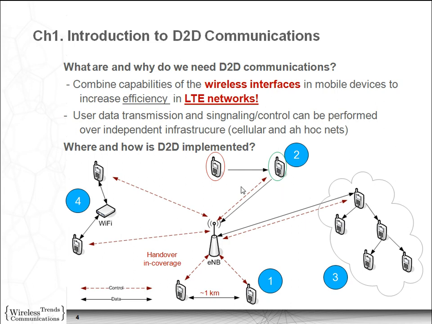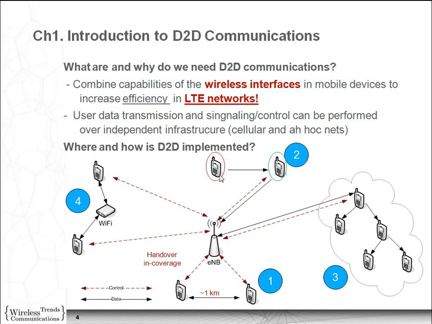The second one is when we have devices, some of them may be in coverage, so that means that they are within the coverage of the cellular network, and some of those devices that are in the proximity of this one may be out of coverage.